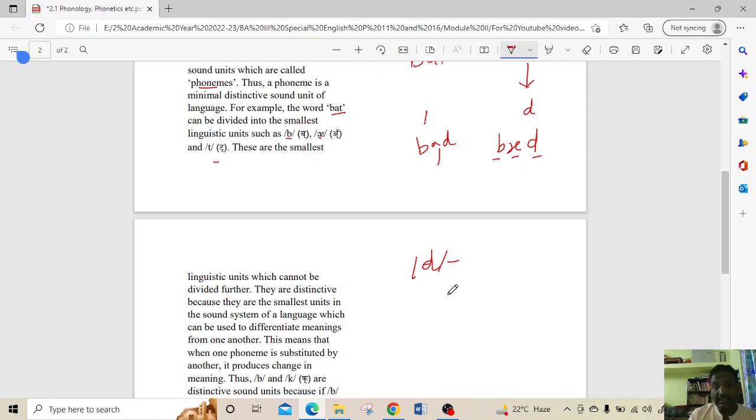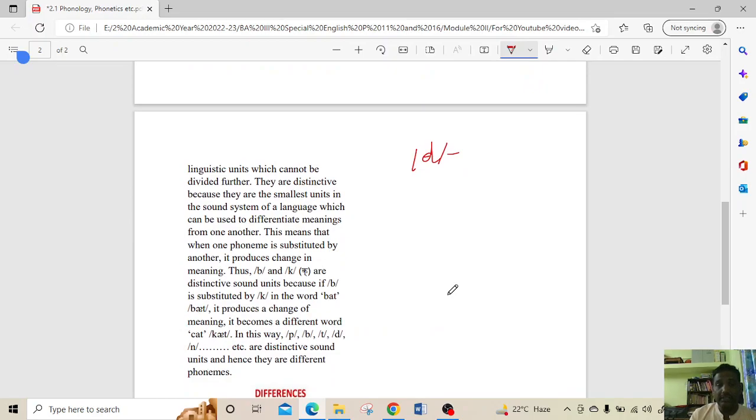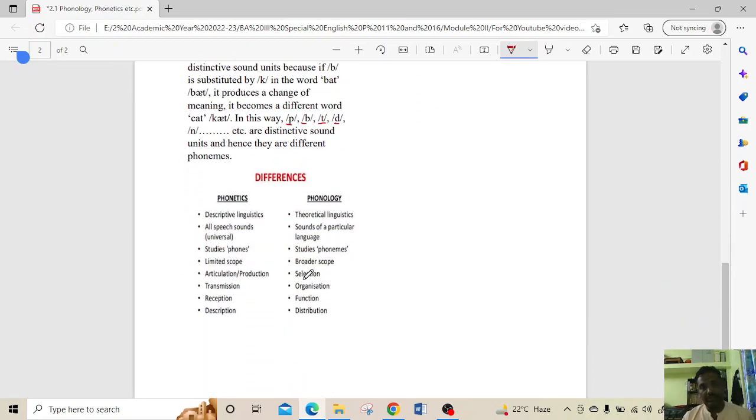Because they are the smallest units in the sound system. So here you see that in the English language there are many phonemes: p, b, t, d, and they are used while making speech. So these are the three important concepts here.